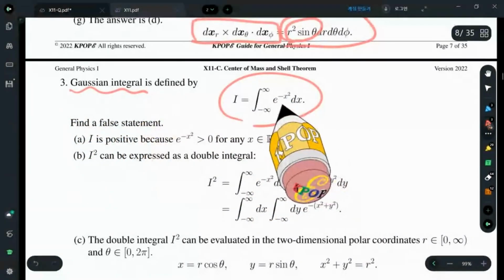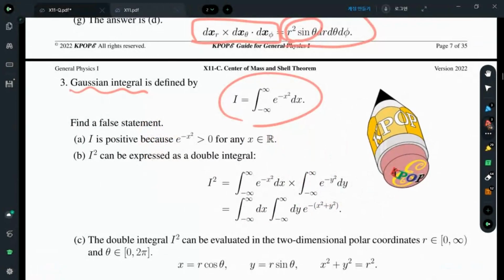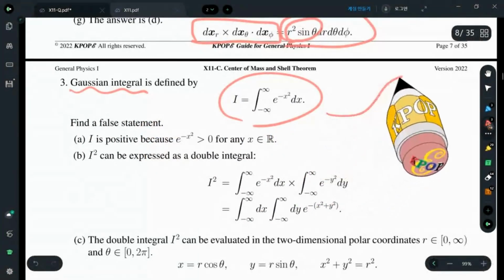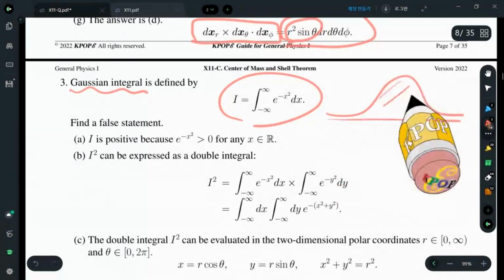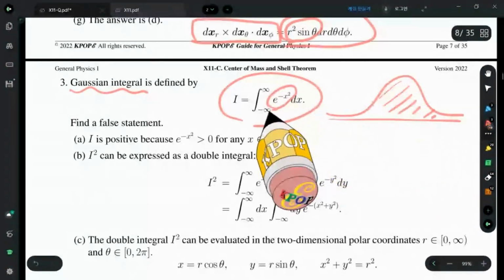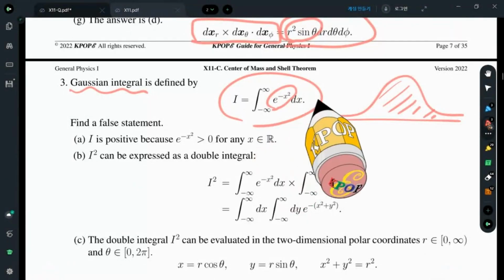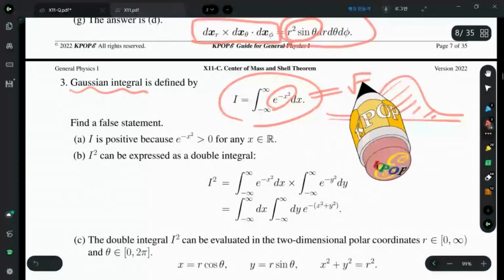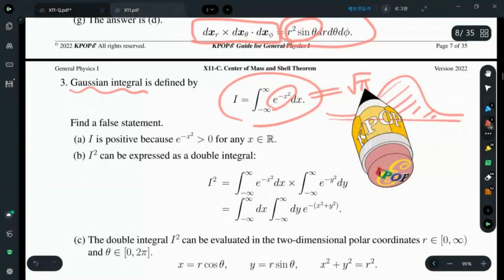It appears, for example, in the normal distribution in statistics. This comes from this exponential of minus x squared. It is well known, and it is equal to the square root of pi, a very strange integral.